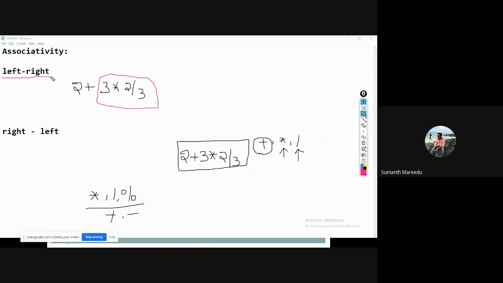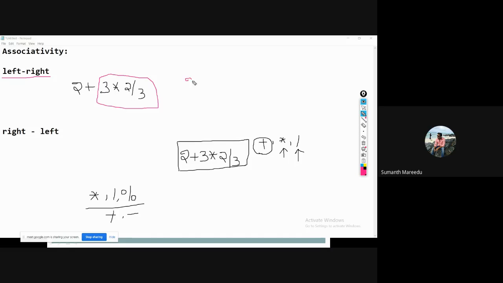That means whichever operator exists on the leftmost of the expression, I will apply first. Out of high precedence, first I'll apply the operator which is on the leftmost. Not addition. Addition actually exists on the leftmost, but rather than addition, I have multiplication and division, which are a bit higher priority. So out of high priority, multiplication exists on the leftmost, so first I will apply that multiplication operation.